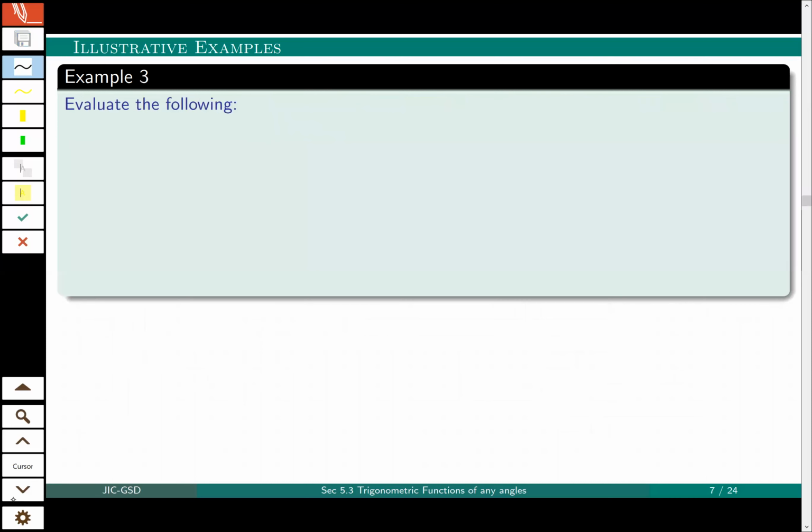Now, the next example, we need to evaluate some quadrantal angles like tan 180. I said the easiest way to do that is using the unit circle and the quadrantal angles. This is 0, that's 90, 180, 270. And remember the points in the unit circle: this is 1, 0.